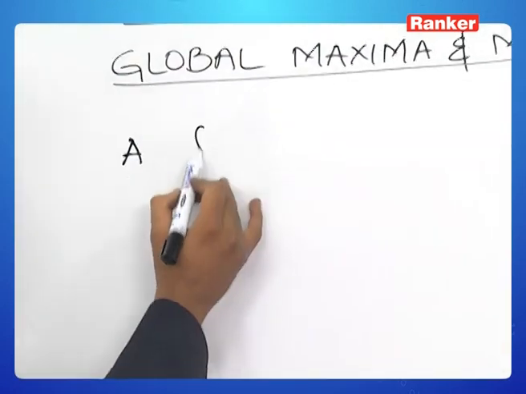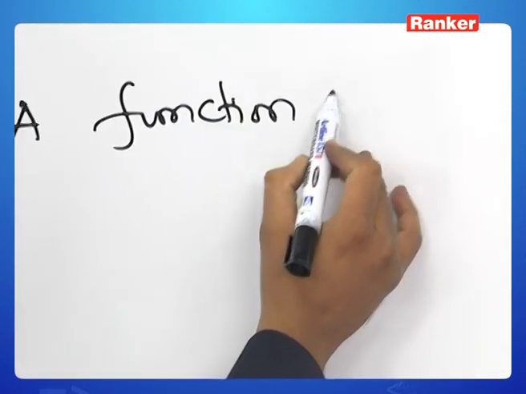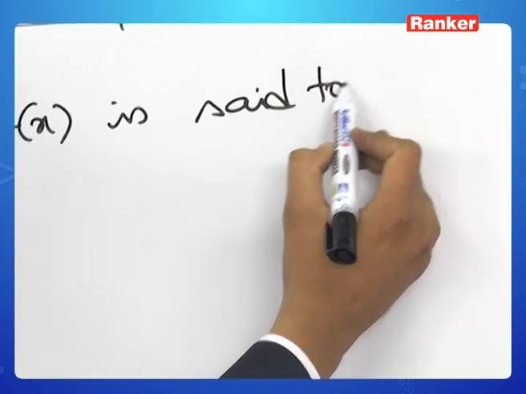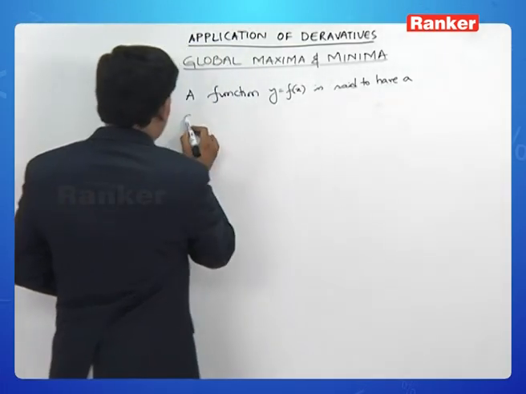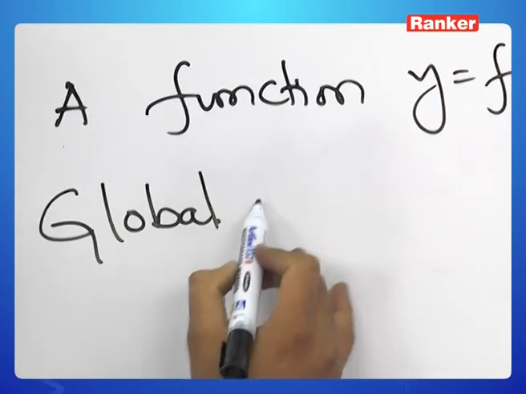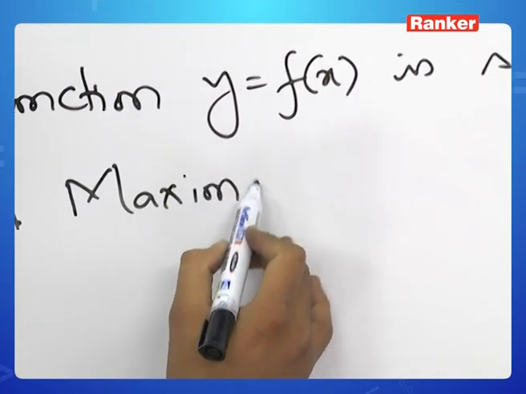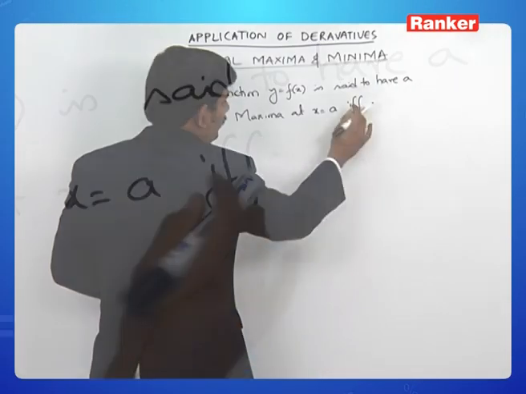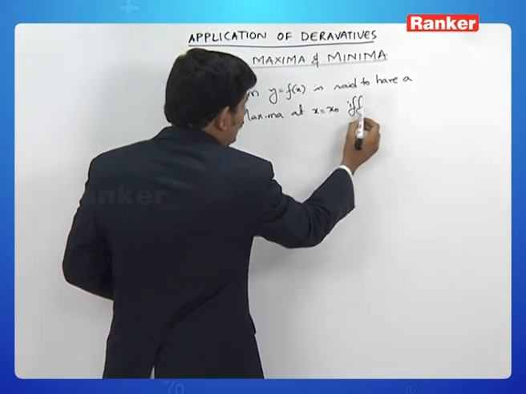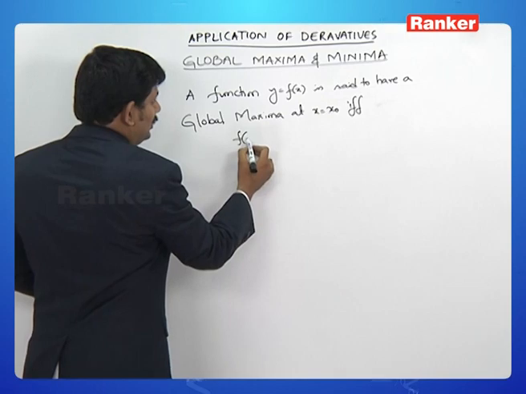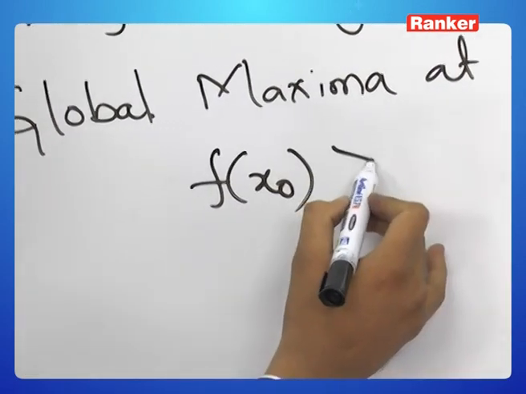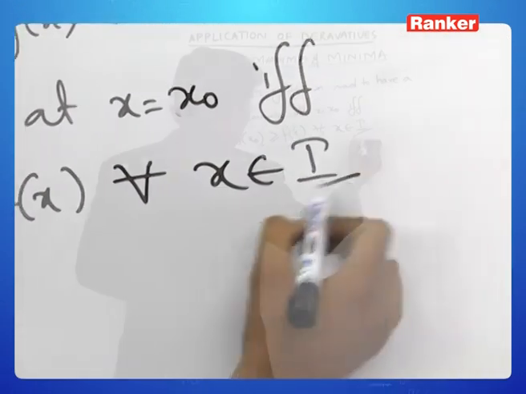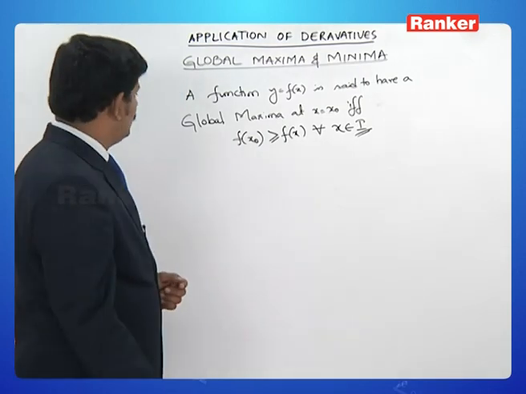A function y equal to f of x is said to have a global maximum value or a global maxima at x equal to a or at x equal to x naught if and only if f of x naught is greater than or equal to f of x for all x belonging to I. I is the interval in which we are discussing global maxima or global minima.